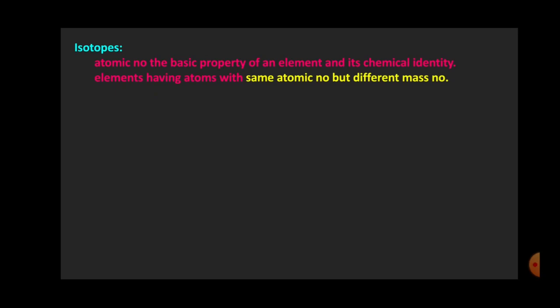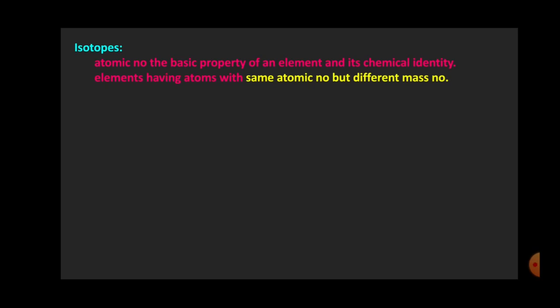We also studied valency in the previous topic: the number of electrons present in the outermost orbit is called its valency. And valency is the chemical bonds which the atom can form. So, that is its chemical identity.